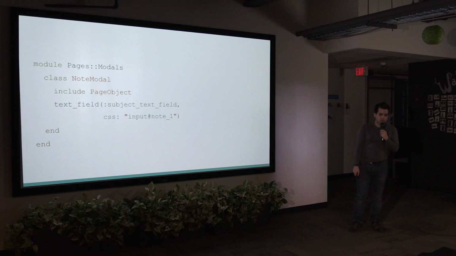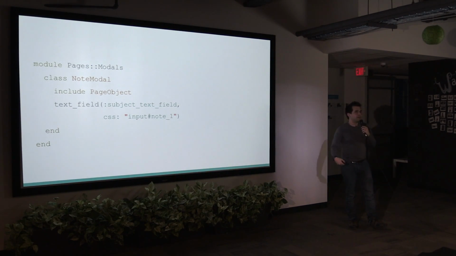But one of the big things it wants is a class level method that determines what the field is, and we need to give it a CSS or an XPath selector. And sometimes those need to be dynamic. Here we have a CSS selector with an ID of note_1, assuming that's the first note. But if it's a second note, this won't find it. Third note, no good. We need it to be somewhat dynamic.